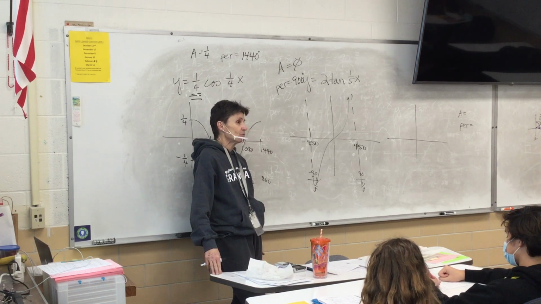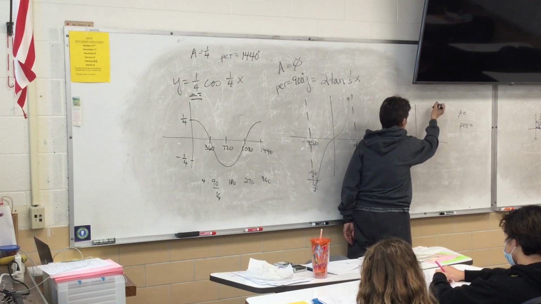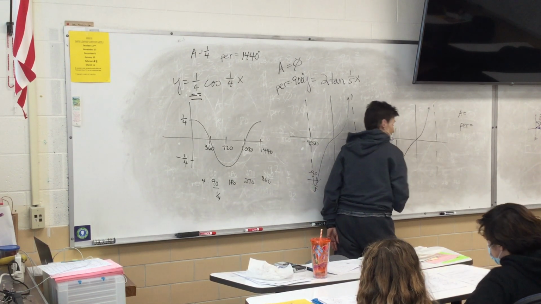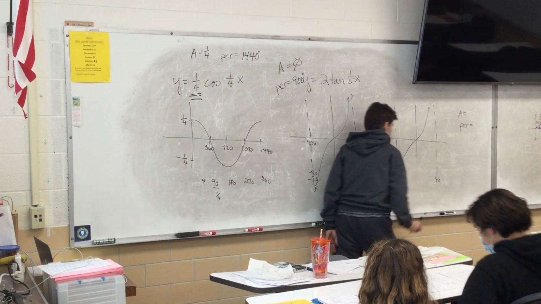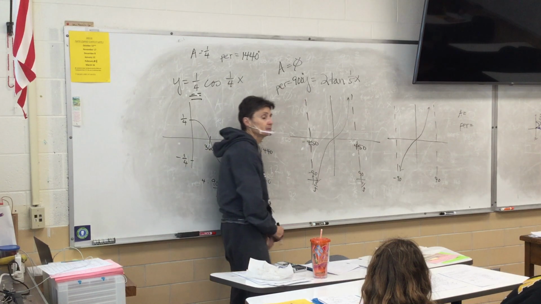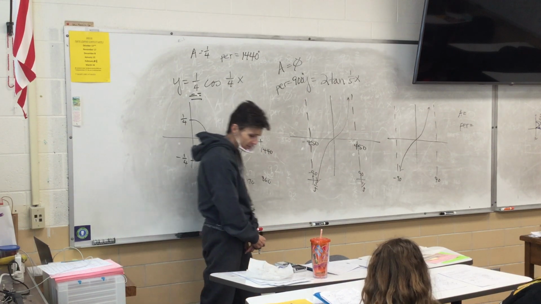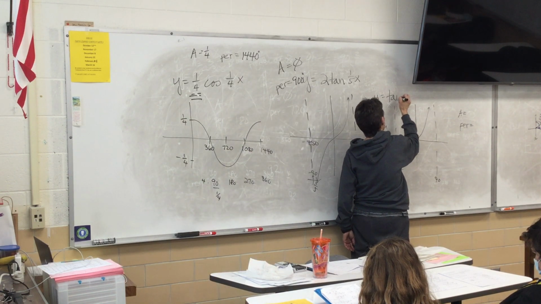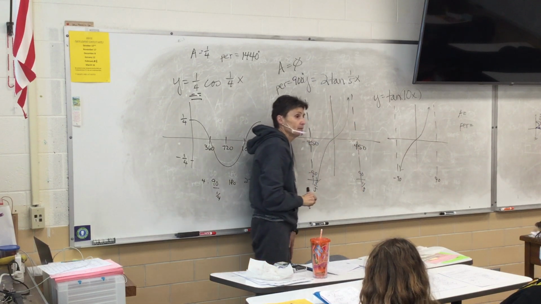All right, what have you drawn? I hope that you put an asymptote here and an asymptote here and a squiggly line through the origin. I hope that you mark these negative 90 and 90. But because the equation is tan 10x, what has to happen?